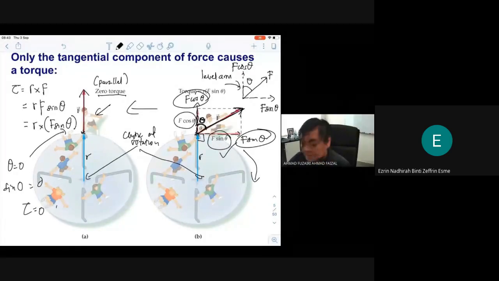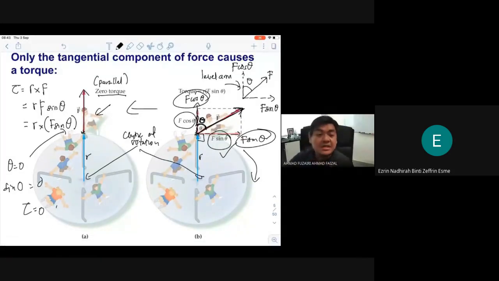Okay, that should be the conclusion of why you should use the components of force that cause a torque. So definitely we must make sure the component of force is perpendicular to the distance, or lever arm, or radius. Remember, okay?